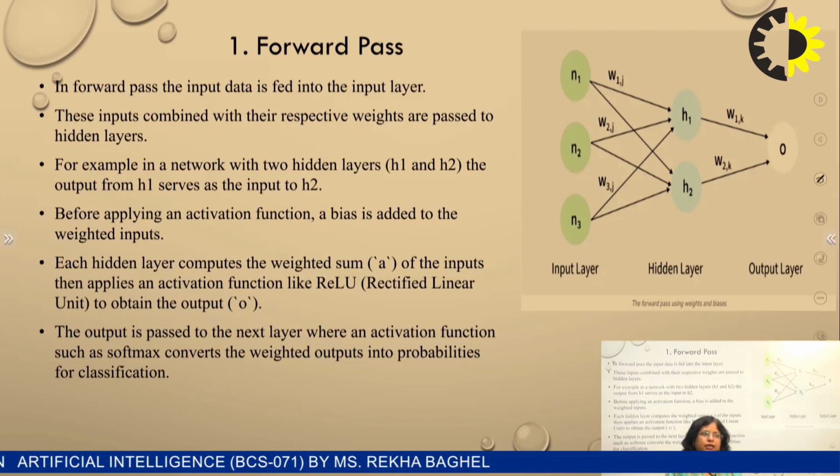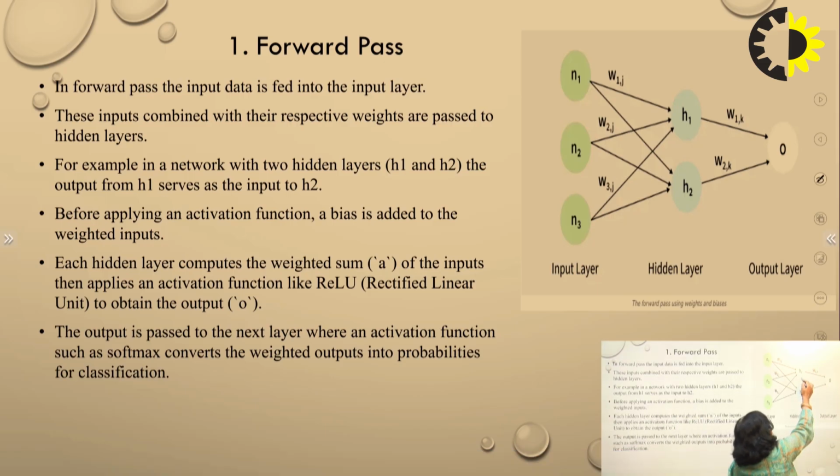Now in this example we have two hidden layers, H1 and H2, and the number of nodes of every hidden layer we can decide, but the condition is that the nodes of every hidden layer must be connected to every node of the previous layer.